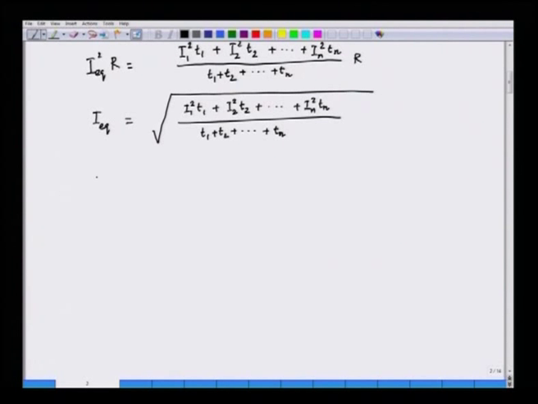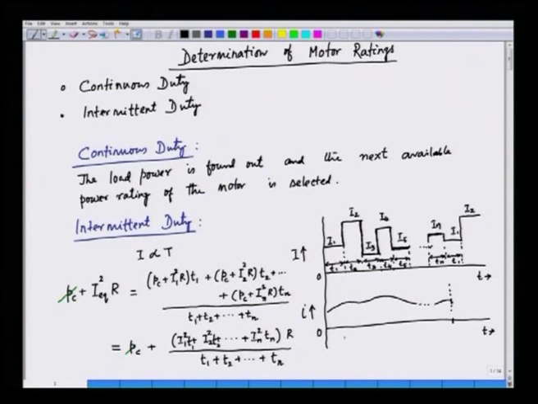So, if the current variation is continuous, what is I equivalent there? I equivalent in that case would be the square root of 1 by T times the integral from 0 to T, the time period, of i square dt. Let us say the current has the time period capital T, and after this capital T the same thing repeats.